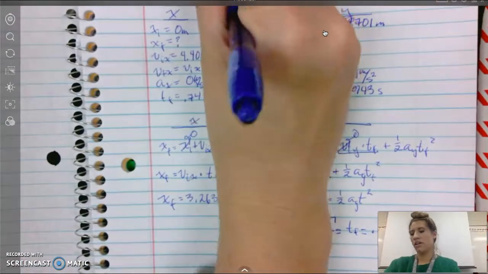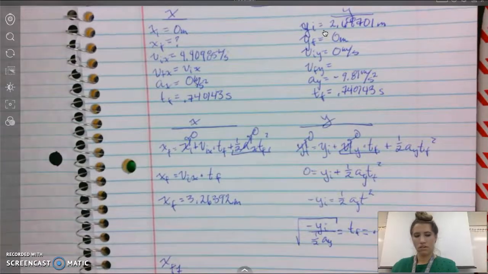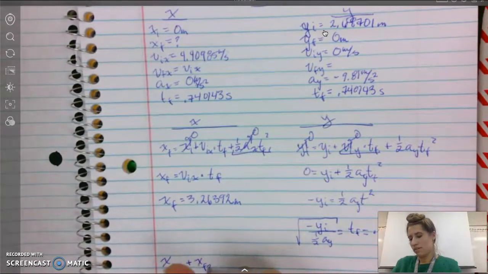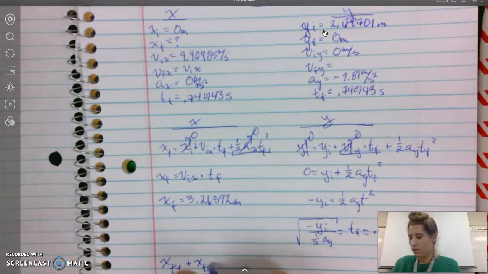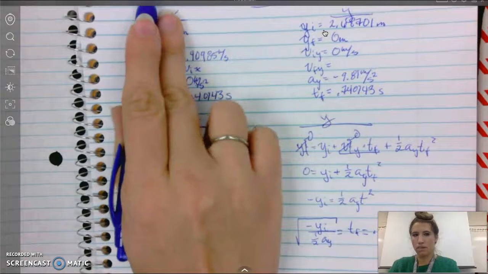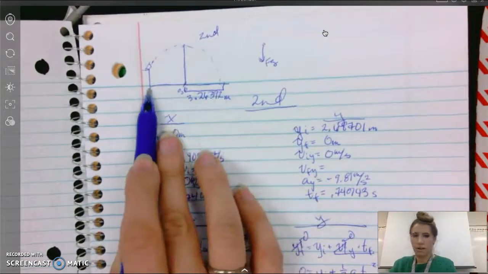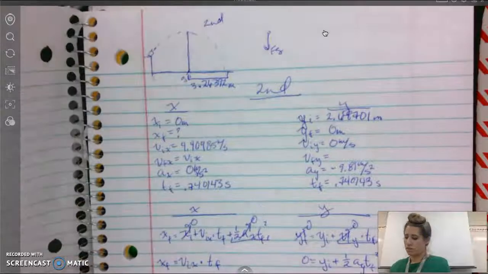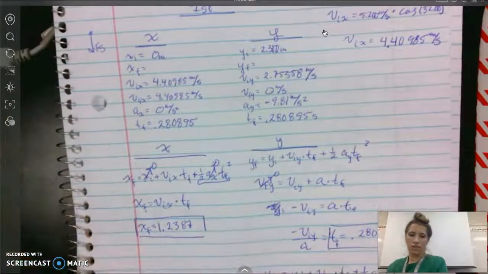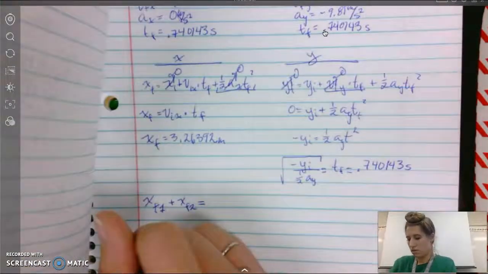I'm going to take the x final from the first part and the x final from the second part to figure out where I am putting my target compared to the base of the table. The x final for the first half was 1.2387.